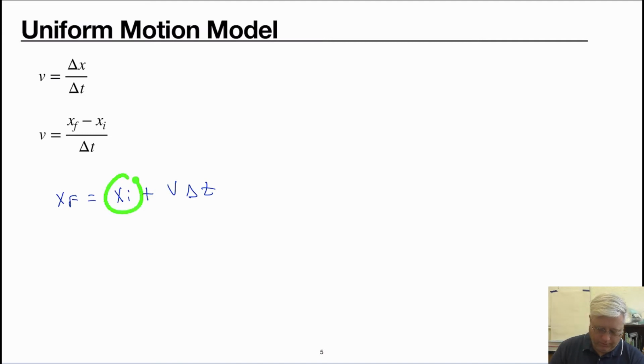So if we know our initial position, and this is the uniform motion model, which means it's constant velocity, so this is the same. And if we know that, we could say, okay, after how many seconds, this is where she's going to be.